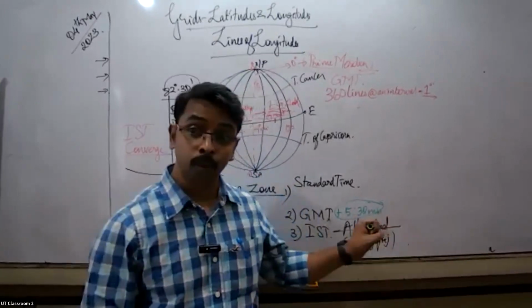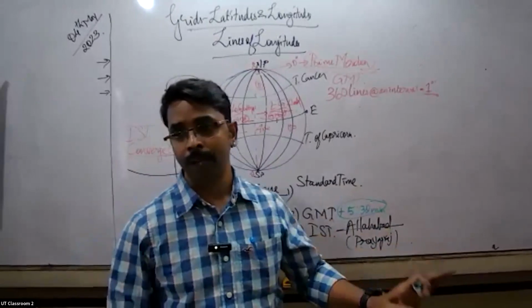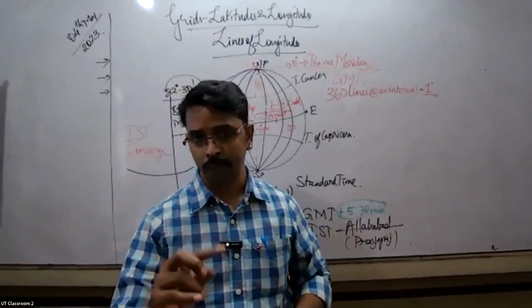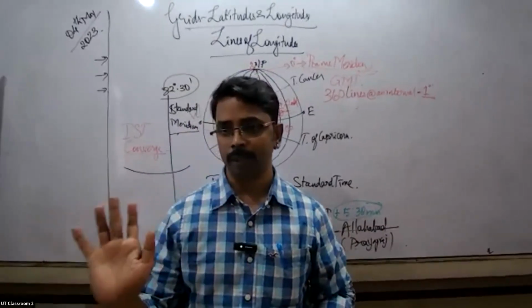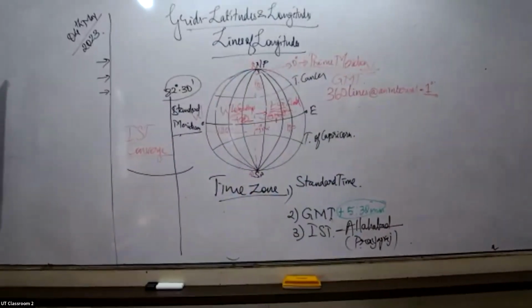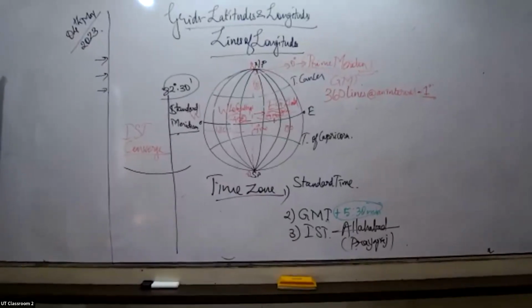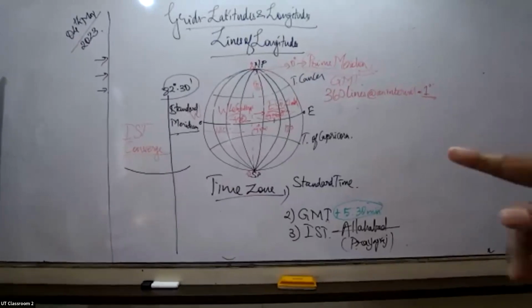So now in London it's only 10 in the morning, and India is ahead of them by 5 hours 30. So whenever you write GMT, you write plus 5:30. Correct? So plus means east or west? East. So are we located on the eastern side or the western side? East. Very good. Now you understand what is east and what is west?